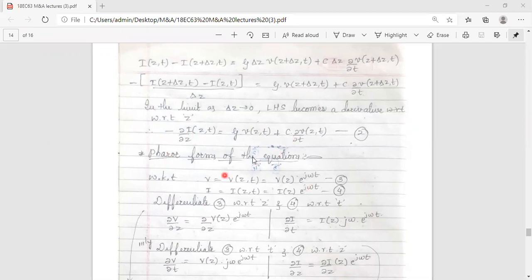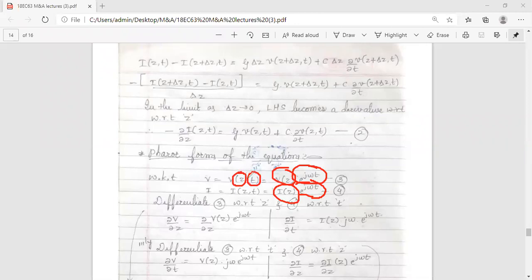That's why, if you see the phasor forms of the equations, V and I both are written in phasor form as V of Z e to the power of j omega t and I of Z e to the power of j omega t. The two variables are Z, that is distance in the Z direction, and the time parameter.